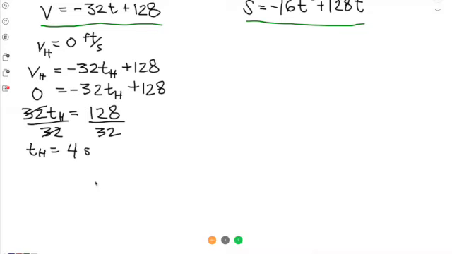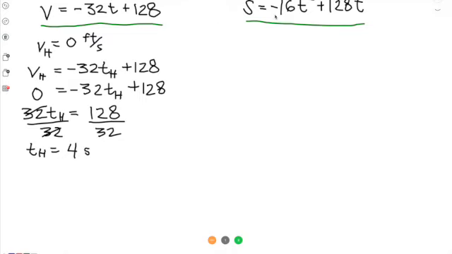I hope you can follow the analogy. The time at the highest point is not really asked in the problem, but we need it in order to find the distance. Going from this equation to this one, the equation for the distance as a function of time, we want to know the distance s at the time the stone is at the highest point, which we solved as 4 seconds.